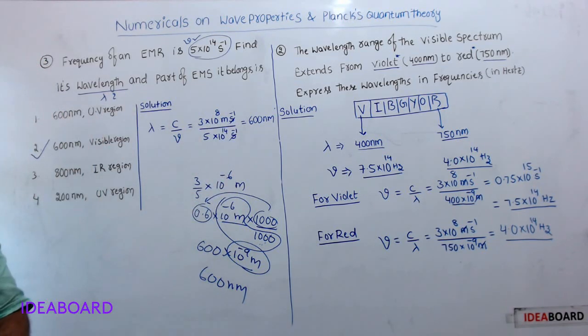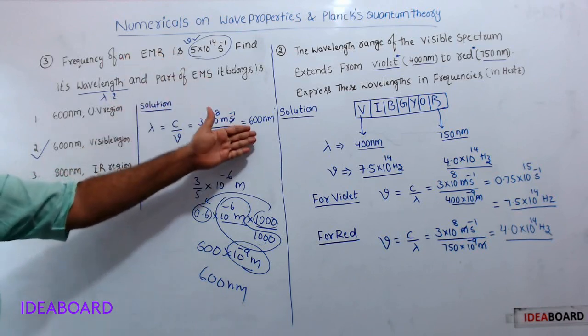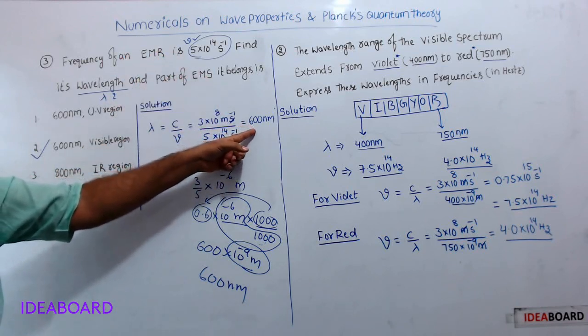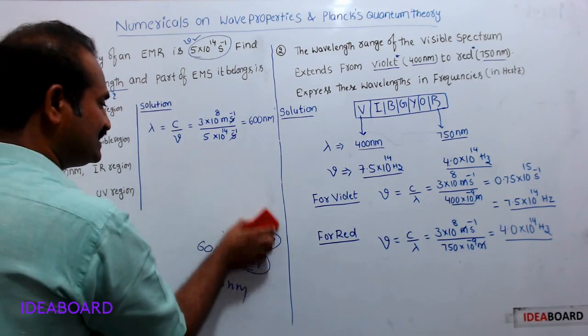So therefore we find the wavelength of the given electromagnetic radiation: 600 nanometer. From this it is now clear to us.